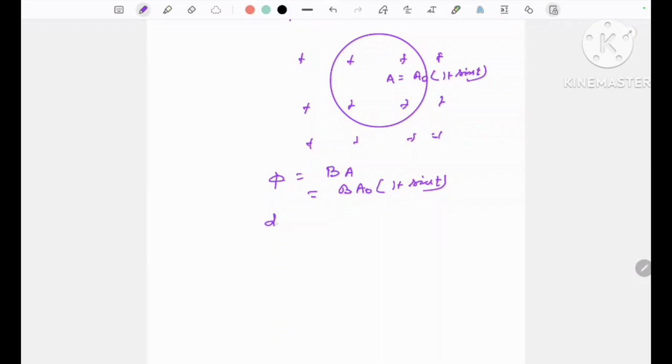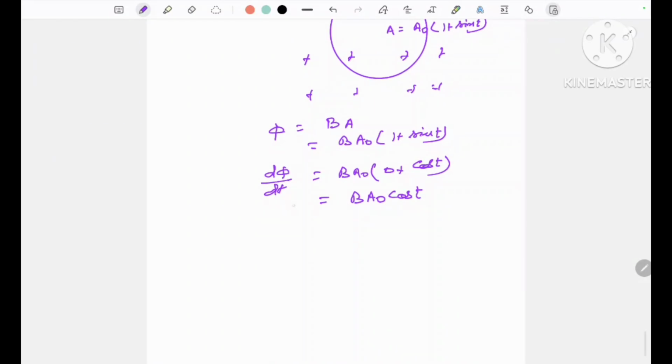Rate of change of flux d phi by dt is equal to B A naught into 0 plus cos t, equal to B A naught cos t. Induced EMF is equal to minus d phi by dt or minus B A naught cos t.